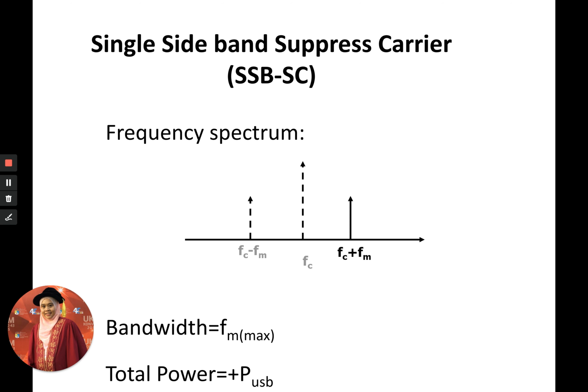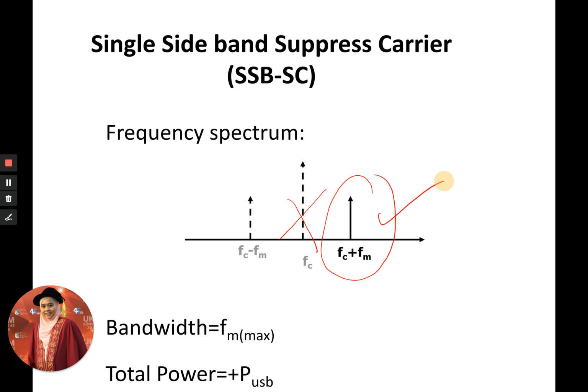Okay, so for the suppressed carrier, on the spectrum we won't see any carrier signal or carrier spectrum, and will only have one side of the sideband, either lower or upper. And if you calculate the total power of the SSB suppressed carrier, of course it will be lower than SSB full carrier, because we don't include the power of the carrier signal.